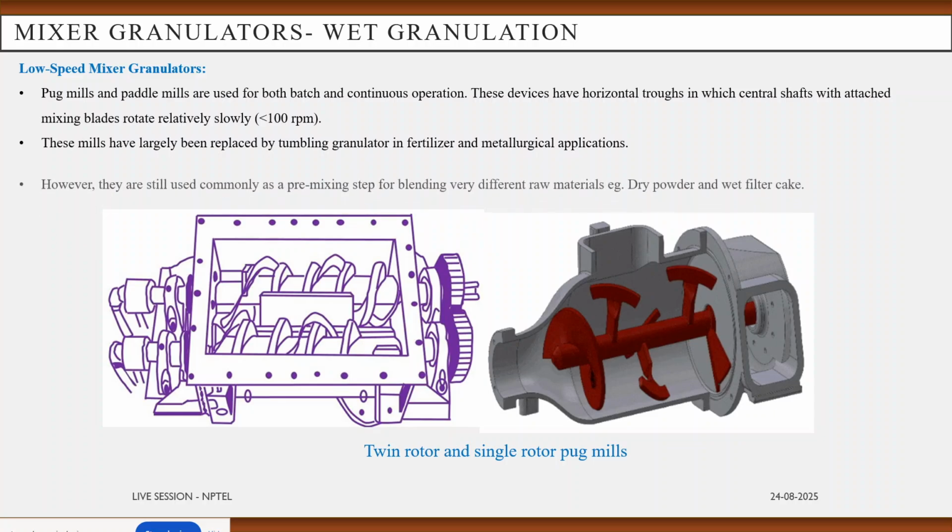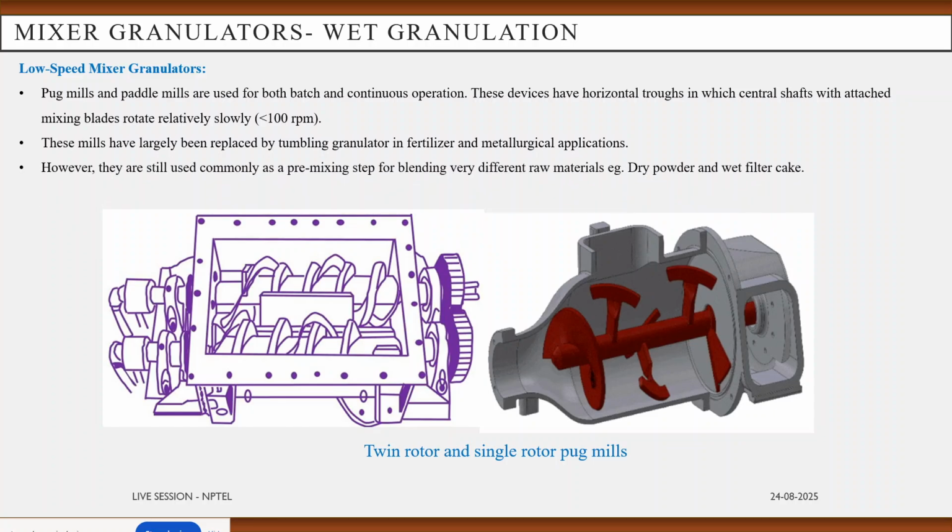And then comes the low speed mixer granulator, which includes pug mills or paddle mills. Both can be used for batch and continuous operation. These devices have horizontal troughs in which a central shaft with attached mixing blades rotates relatively slowly, at less than 100 rpm.